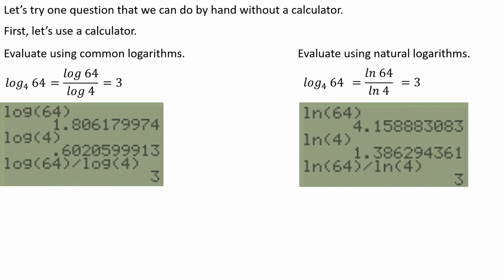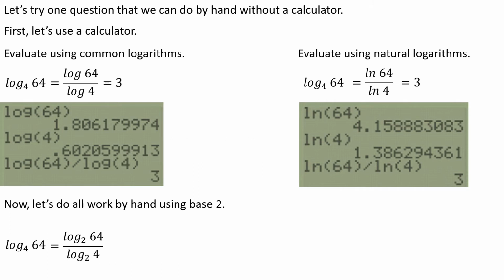Now, let's do this by hand. But I'm not going to do 4 to the third power is 64. I'm going to use the change of base formula, and I'm going to change it to base 2. I'm starting with log base 4 of 64, but instead of using base 10, or using base E, I'm going to use base 2.